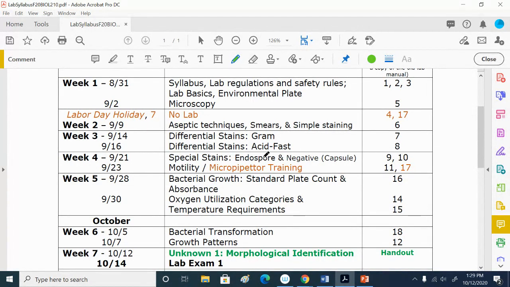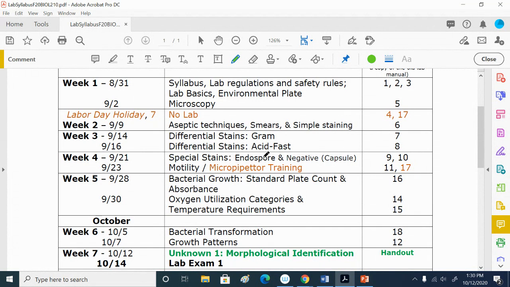Then we talked about motility. So if bacteria are motile, what structures do they use for movement? Flagellum. Right, only flagella, right? No cilia, no pseudopods, just flagella. And if they have flagella, they occur in 4 different arrangements.